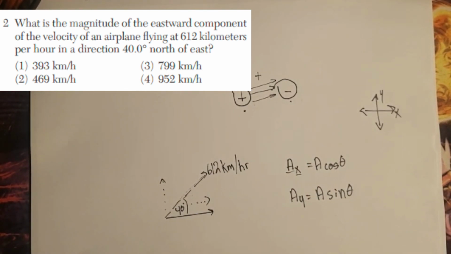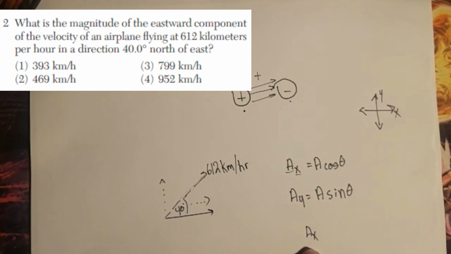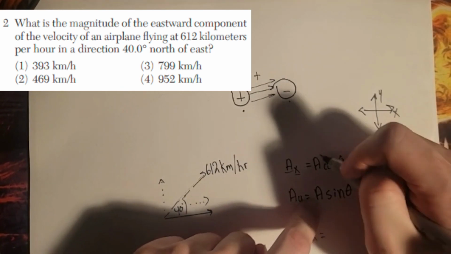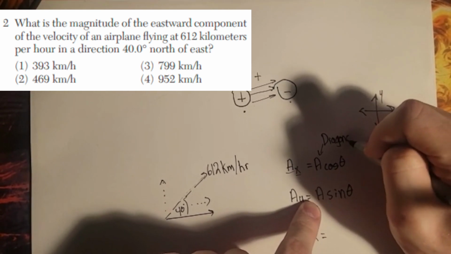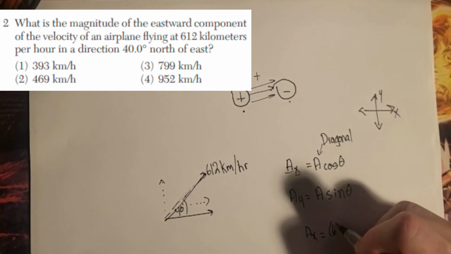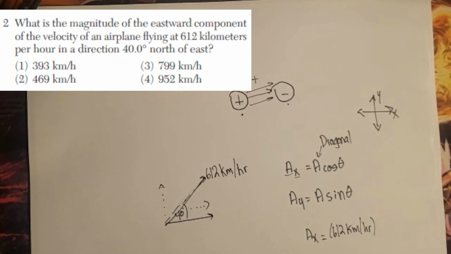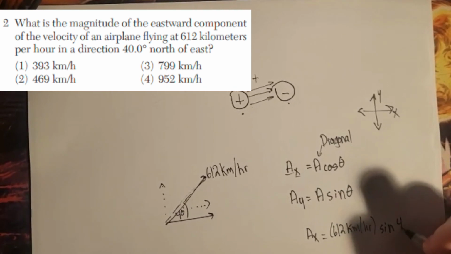We want to find the horizontal component, so let's plug our numbers in. We want to find Ax, the horizontal component. Anytime you're using these formulas, A is the diagonal, the resultant, as we call it. In this case, that's my 612 kilometers per hour, and then sine of my angle, sine of 40 degrees.